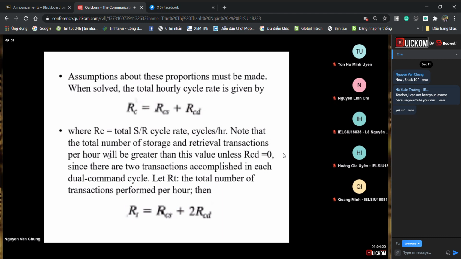The total number of store and retrieval transactions per hour will be greater than these values unless RCD equals 0. So this is saying there are two transactions accomplished in each dual command cycle. You have RT, like that's the total number of transactions performed per hour.